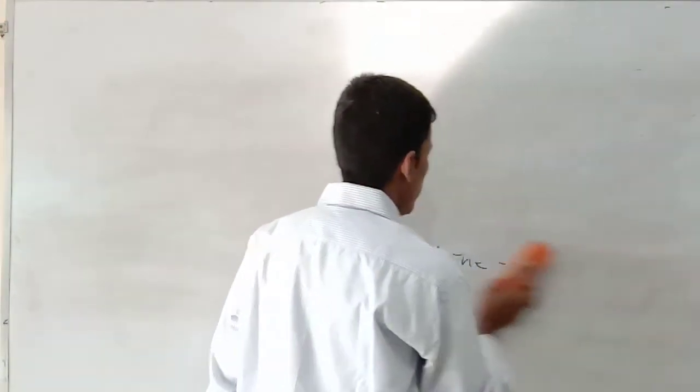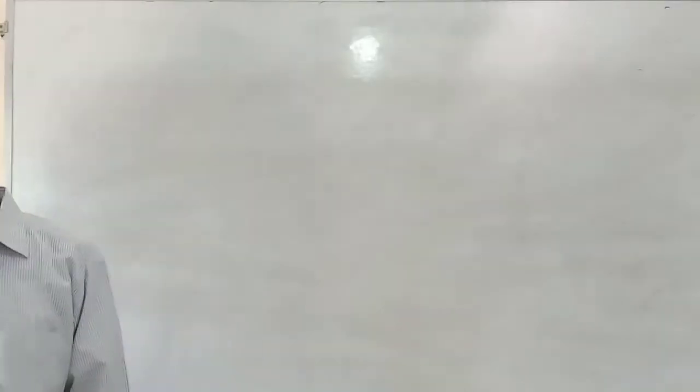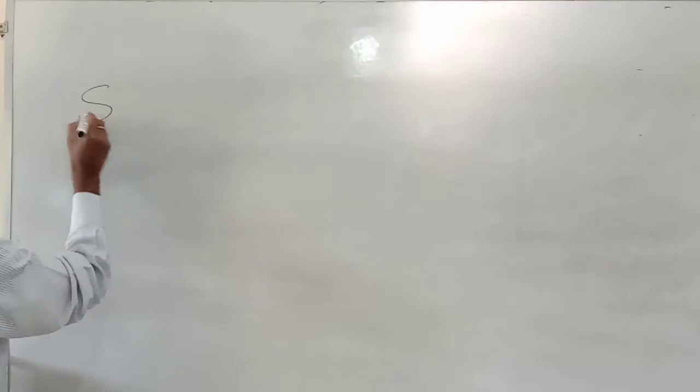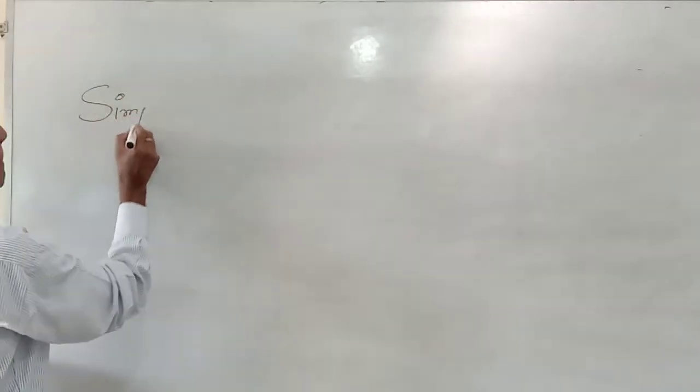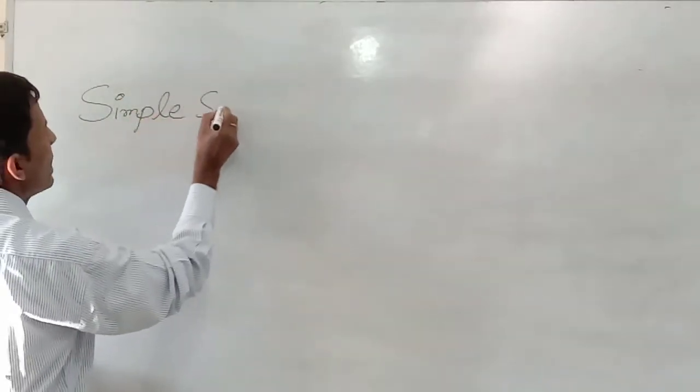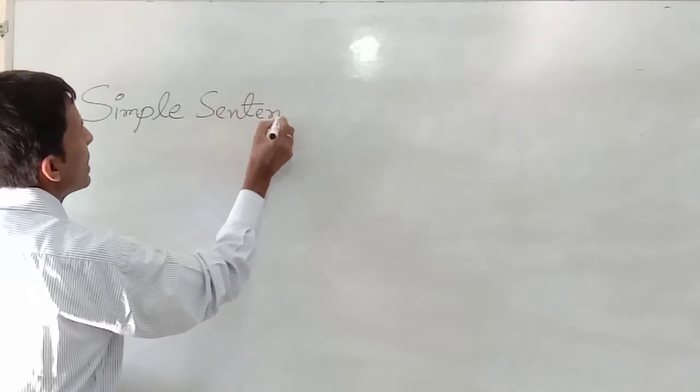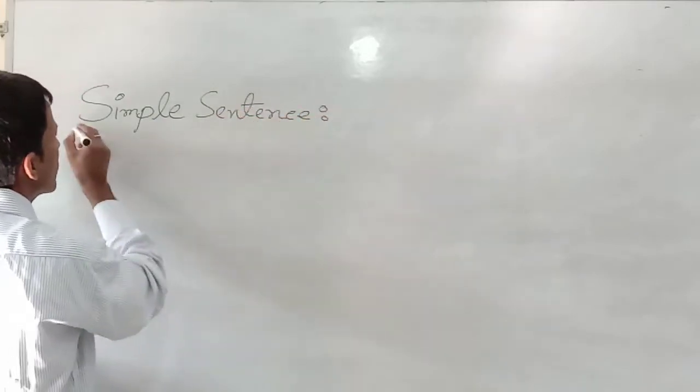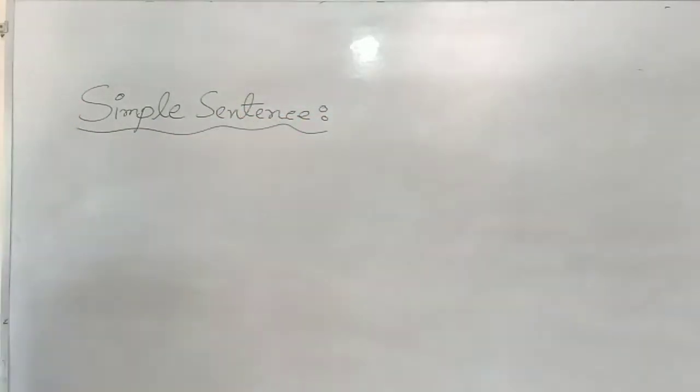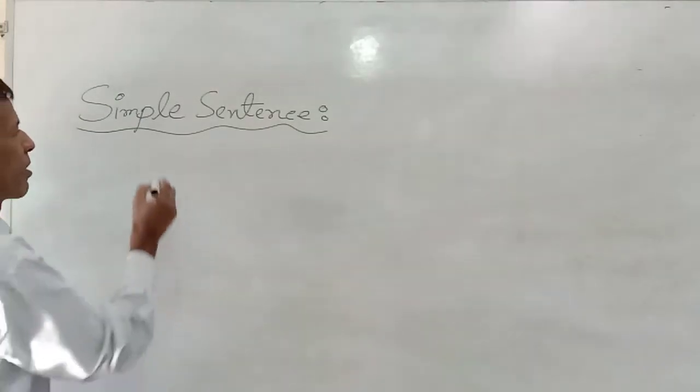In the third rule, you will come to know the same thing. Simple sentence, possessing or containing "because of" or "for".